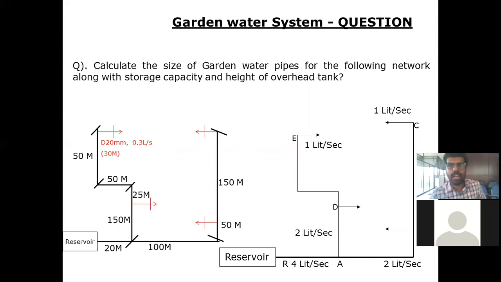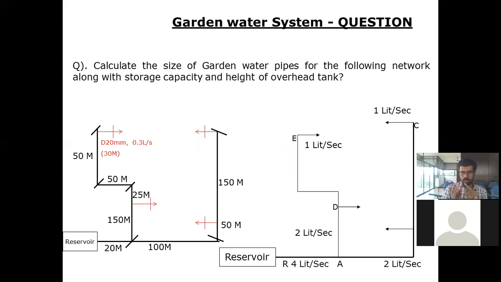Calculate the size of the garden water pipes for the following network, along with the storage capacity and height of the overhead tank. So in this question, we have to find out what should be the height of the overhead tank in order to get sufficient pressure at the end of the sprinkler. Not only that, we have to know the storage capacity, how much water has to be stored for this network.